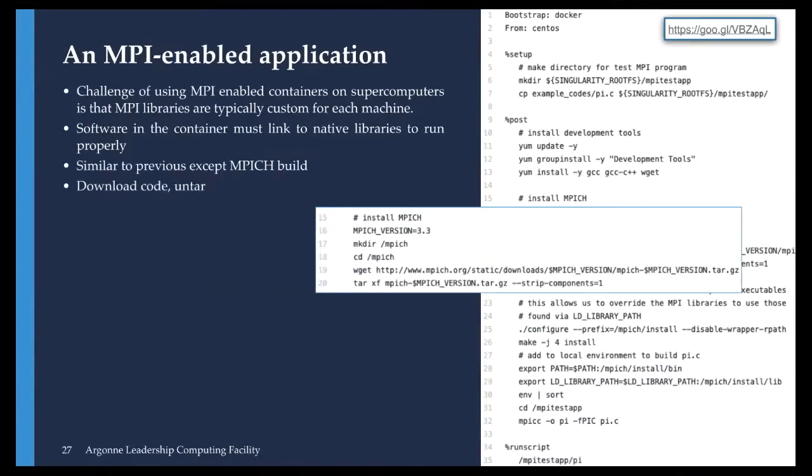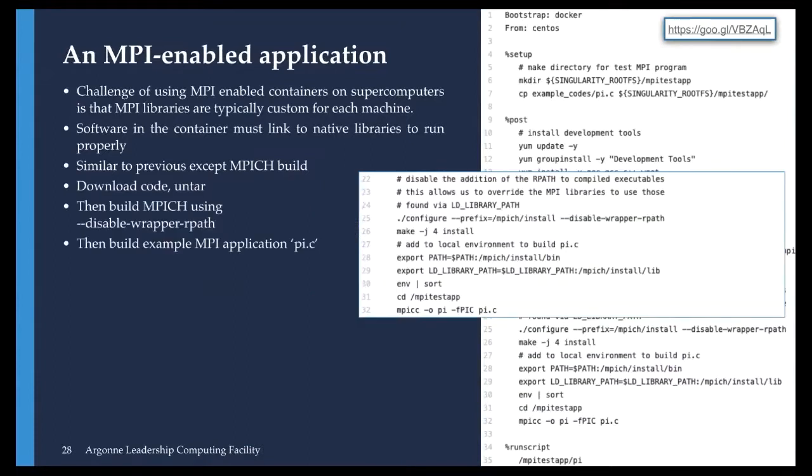And this is an example of that. So here, in this recipe, I have in the post section, so this is after the recipe is inside the container environment, we download a version of MPICH in this case, and we untar it into a local /mpich directory.